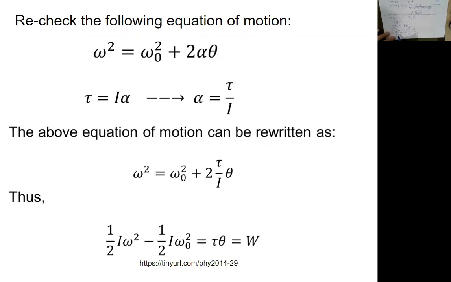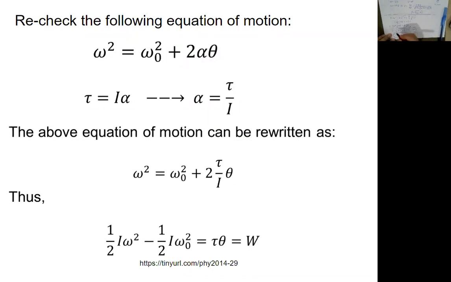You only replace the mass with its analog in rotational motion, which is I, the moment of inertia, and the velocity with the angular velocity. So 1/2 I omega squared minus 1/2 I omega 0 squared, right? In linear motion, we call this term kinetic energy of the linear motion.